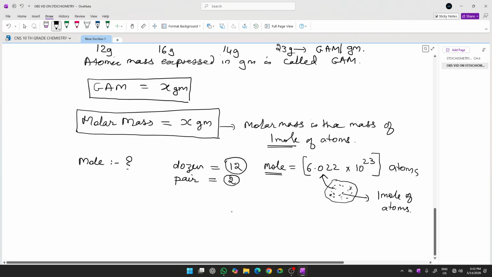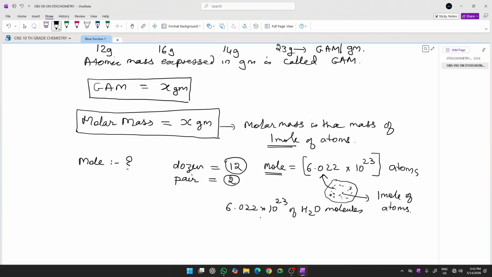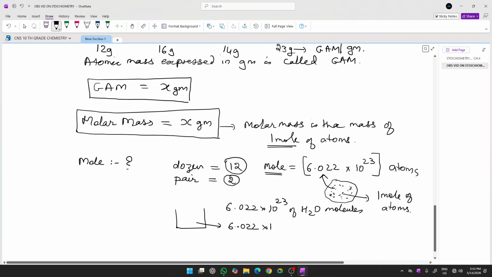Same way, if you have 6.022 into 10 raised to 23, this is the number of say water molecules. Suppose somebody says that I have in this container 6.022 multiplied by 10 raised to 23 molecules of water.